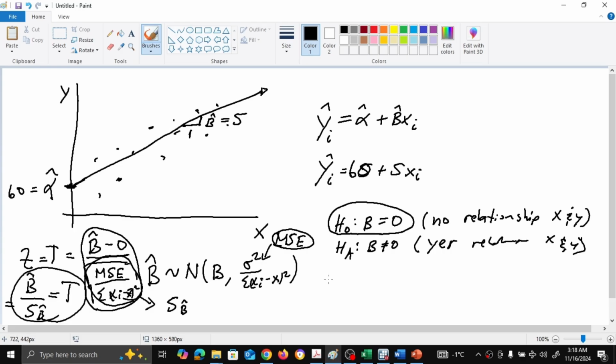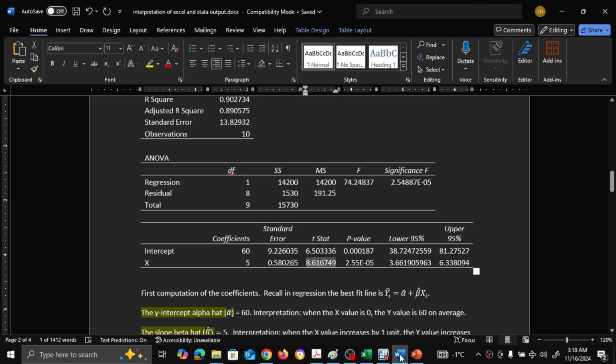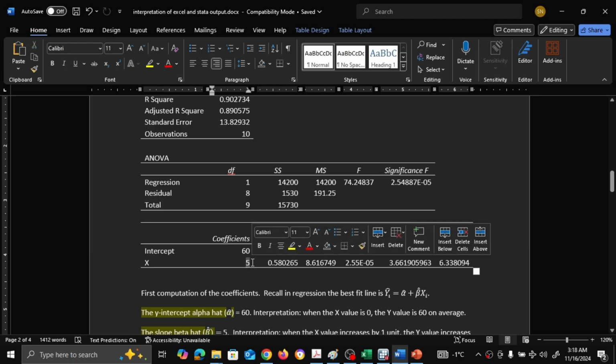This is the t. So, in theory, the 5, now again, this is the coefficient on x. That means this is the beta hat. Again, it's 5. Okay? Let's not confuse ourselves. It's not the 60. So the beta hat is the 5.